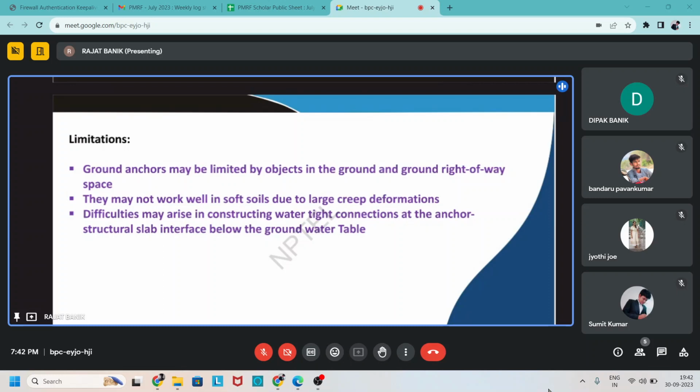So for this we cannot use this ground anchor.